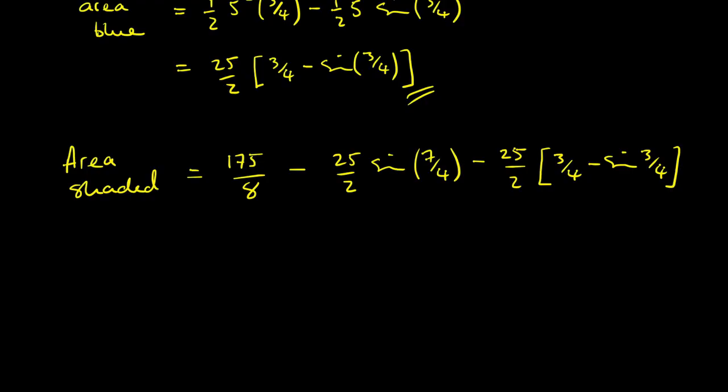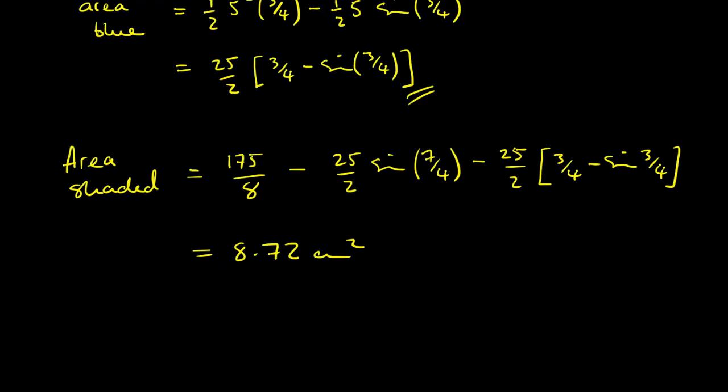Then I'll add that to the 25 upon 2 sine 1.75. So that should give me the total area that I need to subtract off. And then lastly, I do 175 divided by 8 minus that answer. If I do that, I get 8.72, whatever it will be, centimeters squared.